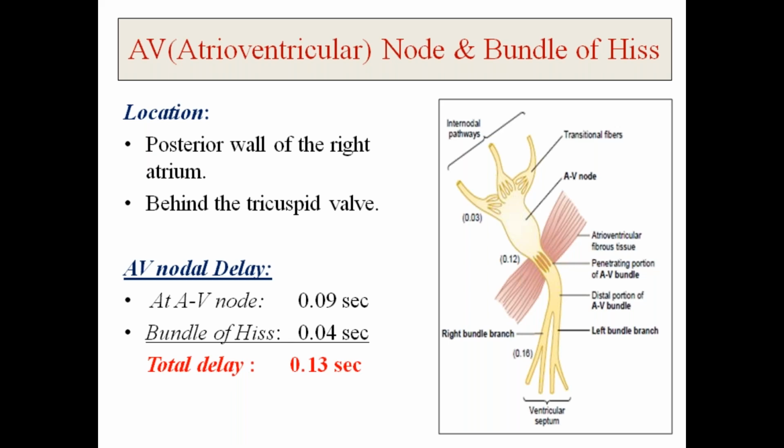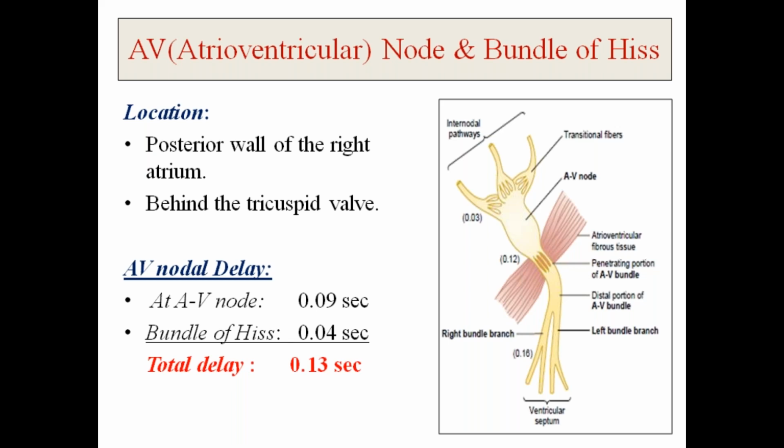Now, why do you want that delay to happen? Why do you want the impulses originating from the SA node in the atria to take some time to travel to the ventricles? The reason is that when the electrical impulse is generated in the atria by the SA node, the atria contract.